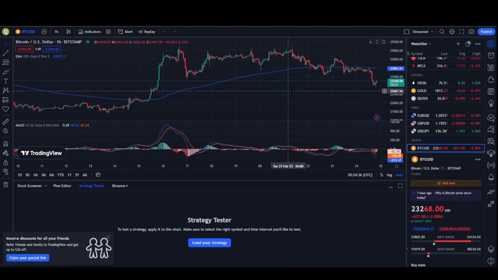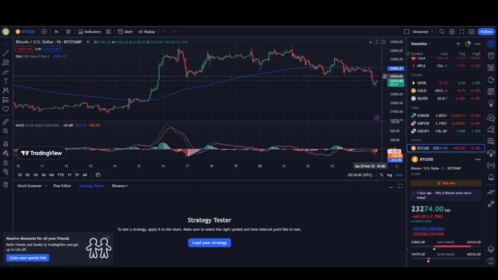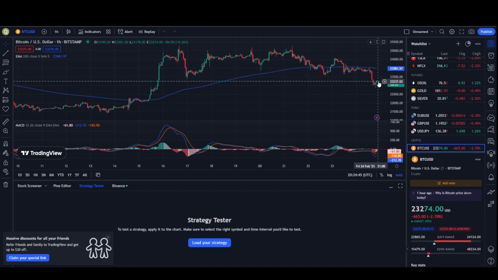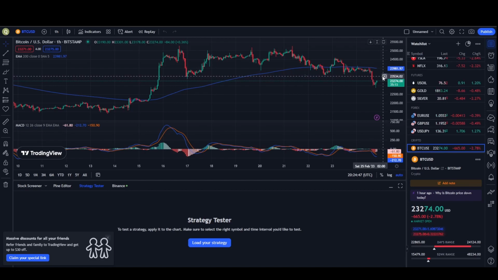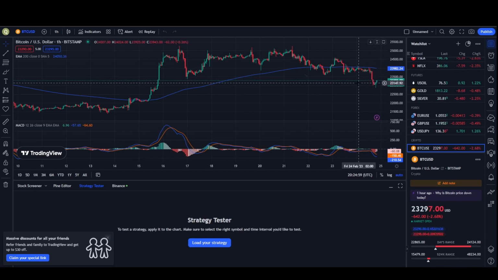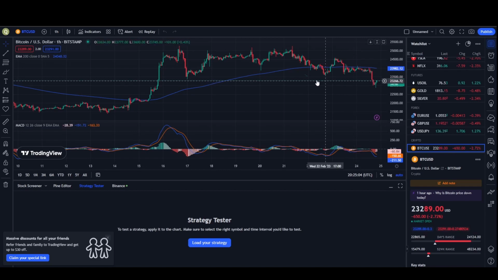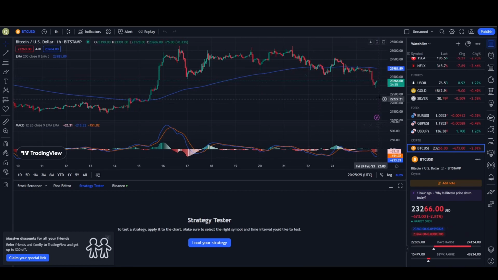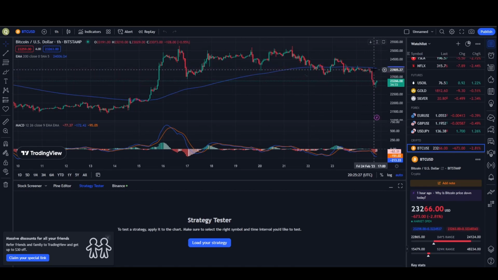So for us to enter this trade, in my opinion, and how I'm planning this, we would need this line here to meet the price, and then for the price to go slightly above. That is when the EMA would be on an uptrend. So if those two things match, that is when we would enter a long trade.